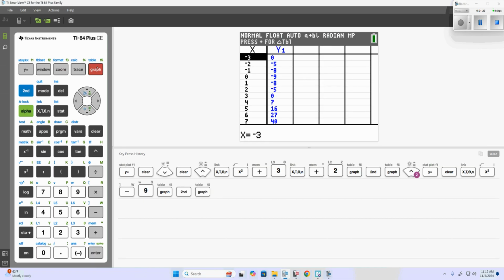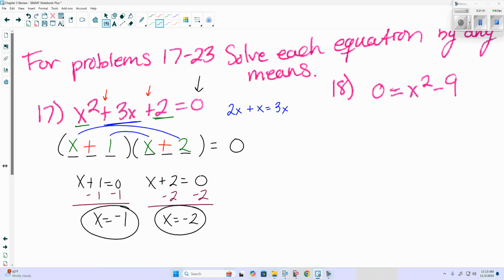It hits the x-axis twice. We're looking for two values. We're looking for what values of x will make the y value be 0. -3 and 3. So here the solutions are x is equal to -3 and x is equal to 3. And that's it. Questions on this here?